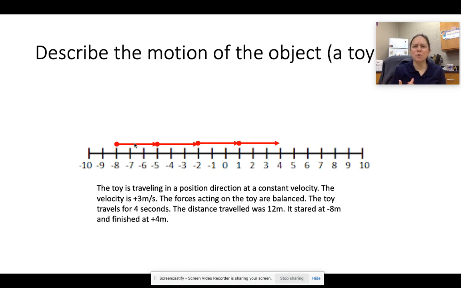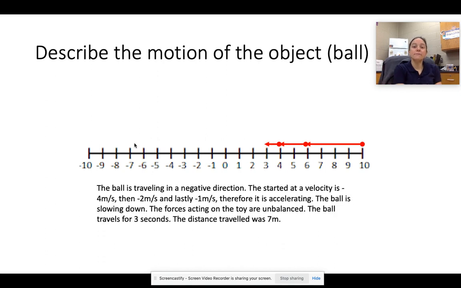To give us a little more detail about the toy's motion, we could also say the toy was traveling for 4 seconds, the distance traveled was 12 meters, and it started at -8 meters and ended up at a positive 4 meters. But during that whole time, the object's motion is constant. There's no change in velocity, no change in direction, no change in speed. And so, therefore, it is all balanced forces.